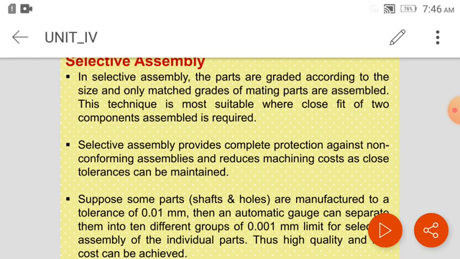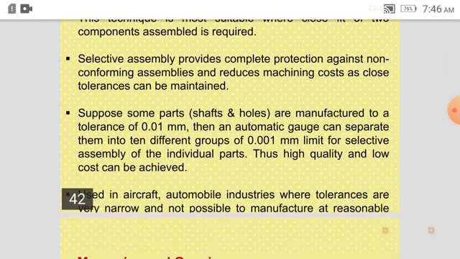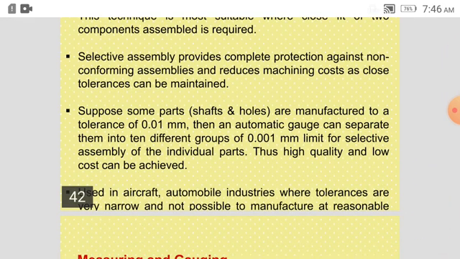This technique is most suitable where a close fit of two components assembled is required. Selective assembly provides complete protection against non-conforming assemblies. We will see that part scrap is very much reduced, or there is no rejection, because oversized parts are sorted out and assembled with oversized. So scrap, rework and rejection are reduced.